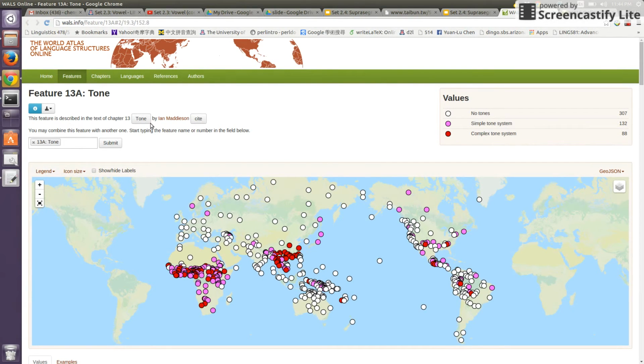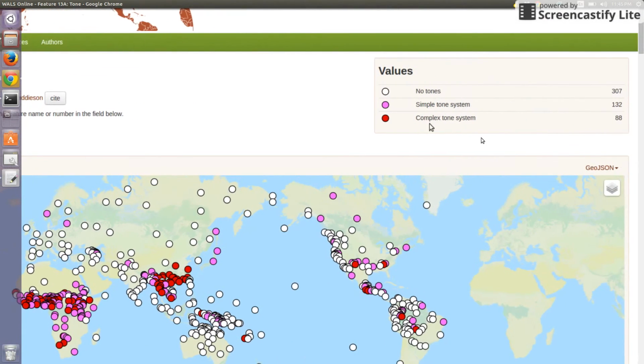I searched this database looking for tone languages, and here are the statistics. For languages without tones, we have about 300 languages, and languages with a simple tone system, we got 132, and languages with a complex tone system, we have 88.